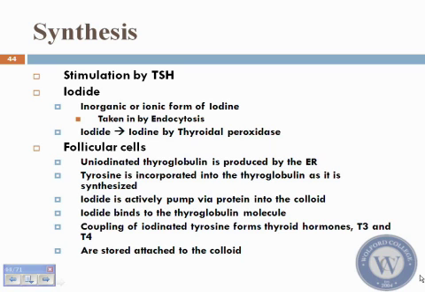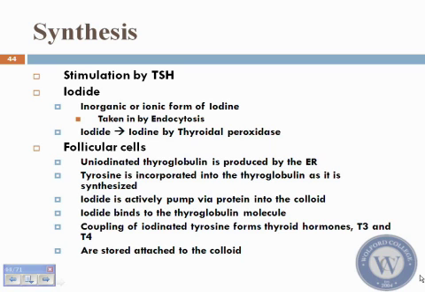Iodide then converts into iodine by what's called thyroid peroxidase. The follicular cells take the uniodinated thyroglobulin, which is produced by the endoplasmic reticulum. Tyrosine is incorporated into the thyroglobulin as it's synthesized. Then iodide is actively pumped via protein into the colloid, so it keeps it there safely.